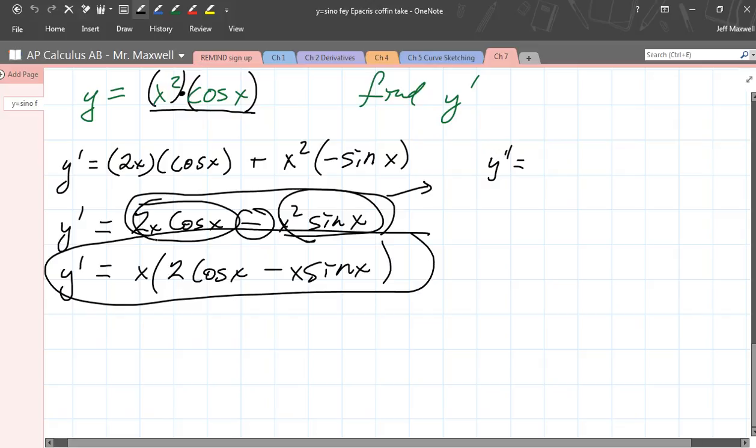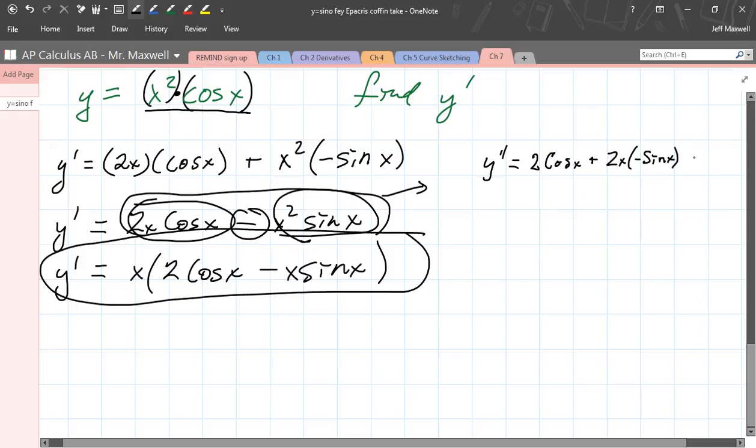What do you get? 2x times cos x, the derivative of the first times the second, plus the first times the derivative of the second, and then minus, for this minus right here, the derivative of the first times the second plus the first times the derivative of the second. Does that look right?